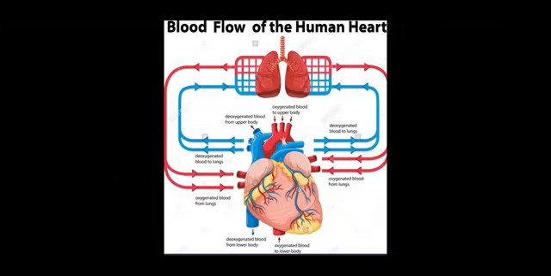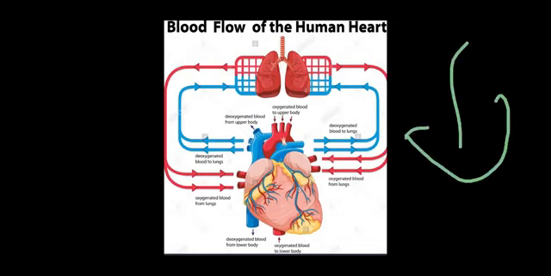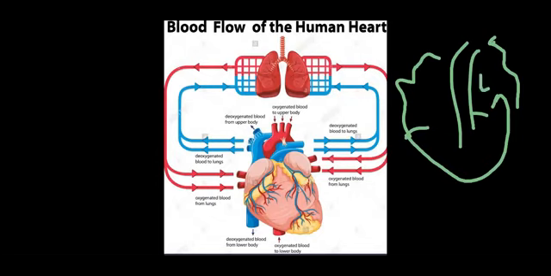All right. Now, the next valve is the valve present in between the left atrium and the left ventricle. This valve is called the bicuspid valve.